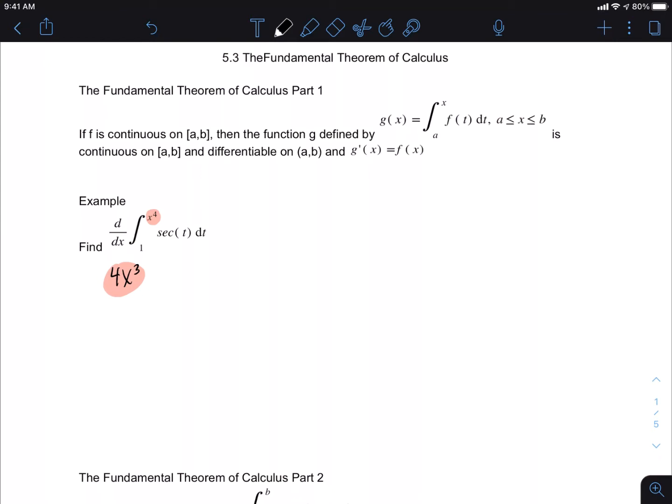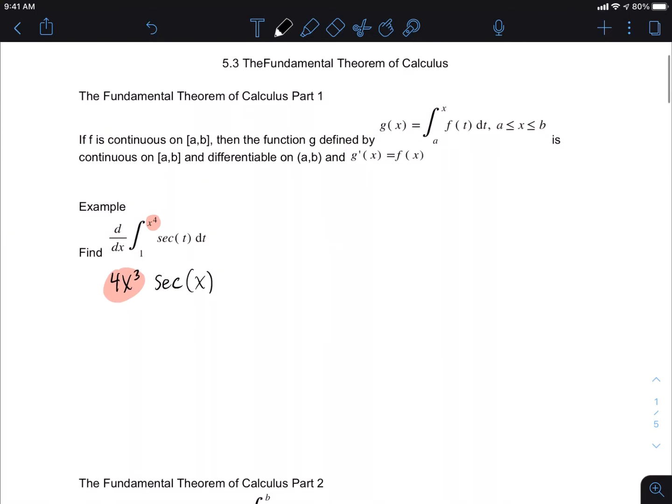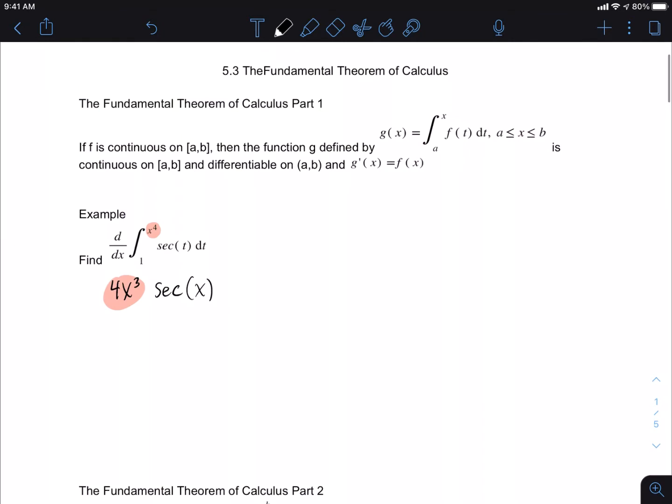Because they're inverses of each other. And since they're inverses of each other, all I'm going to get is secant, but the difference is it's going to become x to the 4th. It's going to be the actual value that's plugged in. Notice the lower bound disappears.